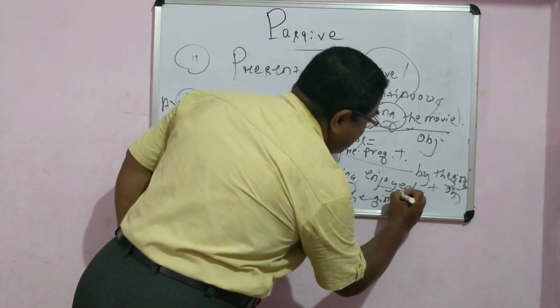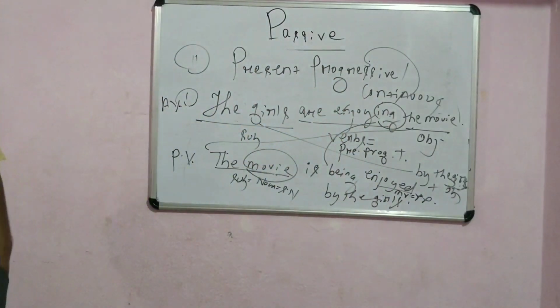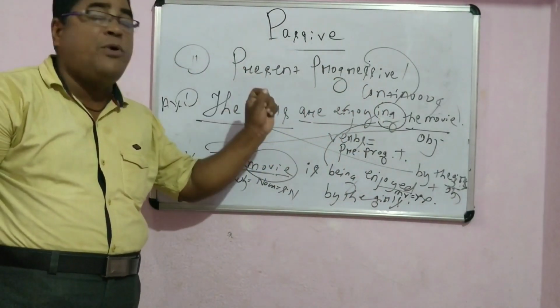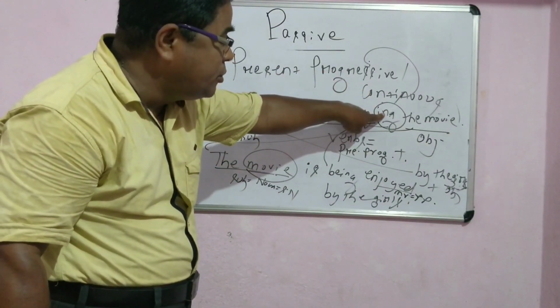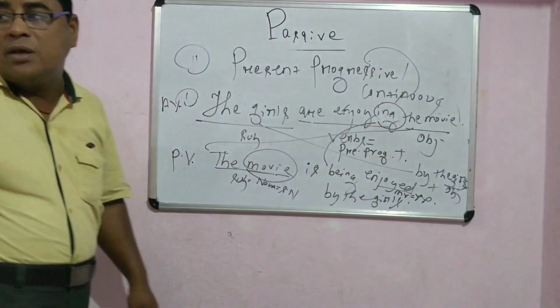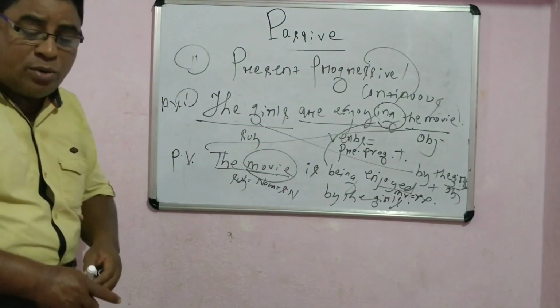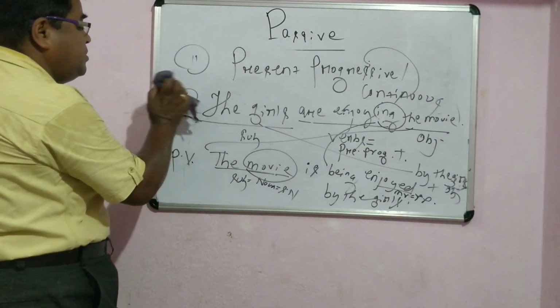Here enjoyed is the main verb, equal to pp. pp means past participle. So only one form you have to remember: ing in the present progressive is changed into being plus pp. Then you get your present progressive passive. Present progressive active to passive is already over.